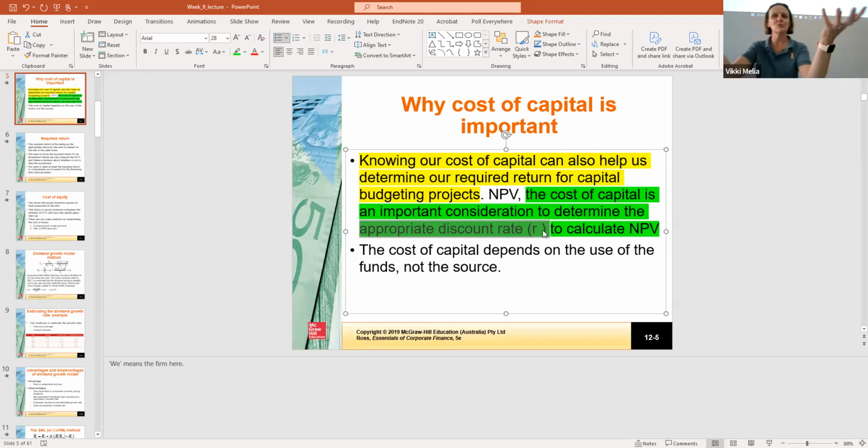Because if I'm looking at two projects and one project is really, really risky, then when I'm evaluating that project, I would use a much higher R because it's really risky. So that's considering the use of the money. If I'm using the money for a really risky investment, then I would use a bigger R. So I would actually say the discount rate depends on the use of funds rather than the source, and that the cost of capital is a factor that affects the discount rate, but so does how we're going to use the money.